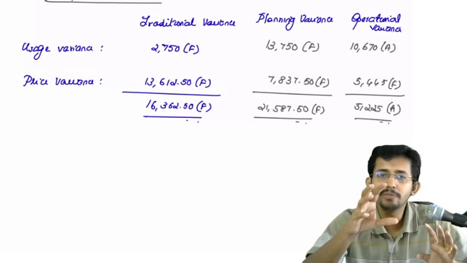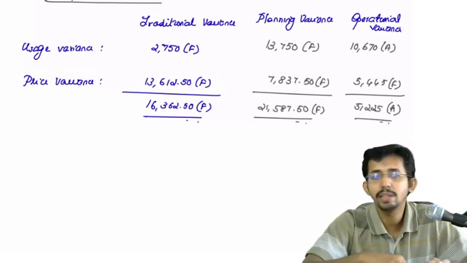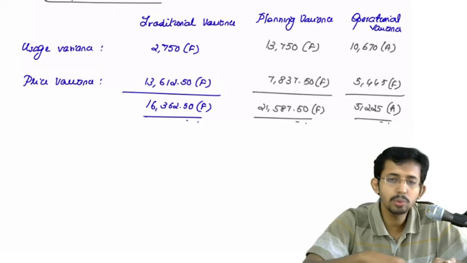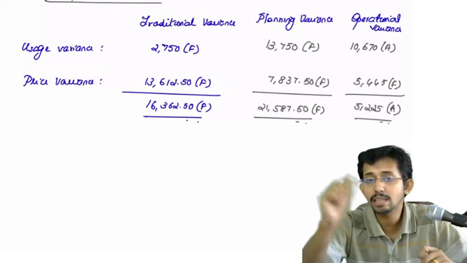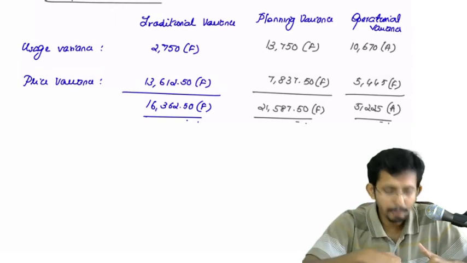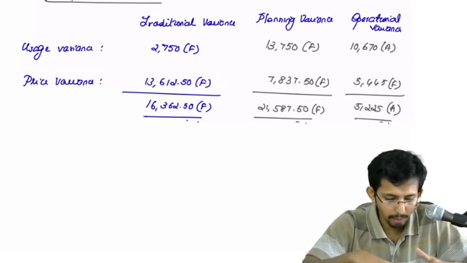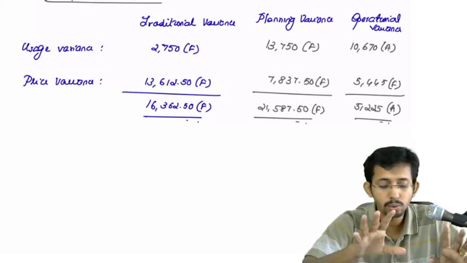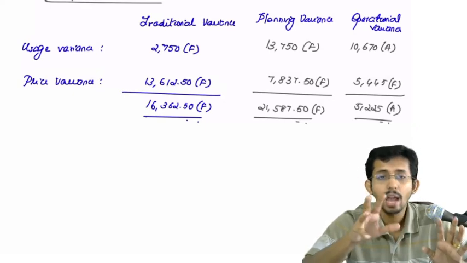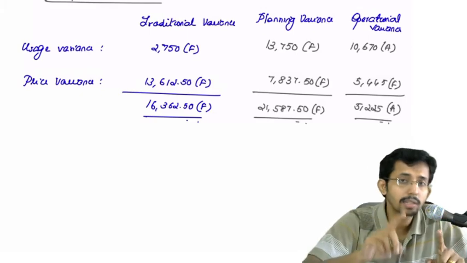That would be the inference if you are using traditional variance only. But when you do the analysis based on planning variance and operational variance, there is something striking. Price variance is favorable on both planning and operational components. There is no issue. So the company is effective and efficient with respect to price negotiation.